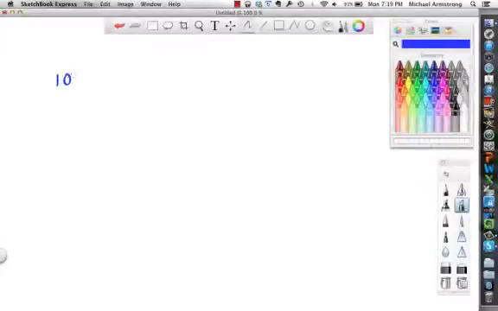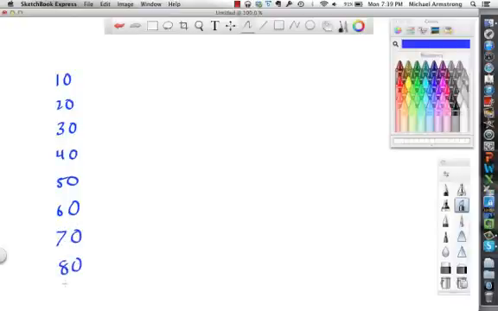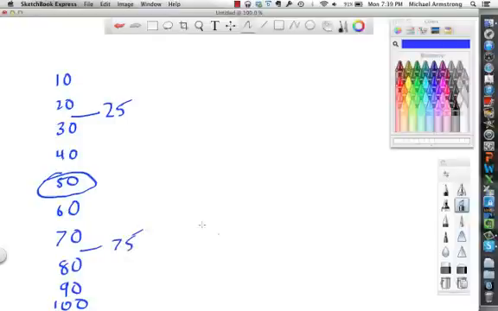Just like 10, 20, 30, 40, 50, 60, 70, 80, 90, 100. This one is special. And then in between here is 25%, and in between here is 75%.